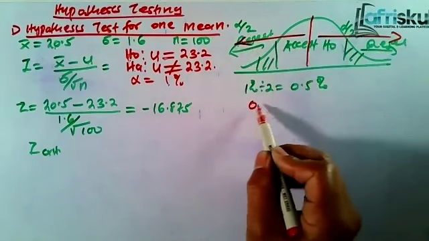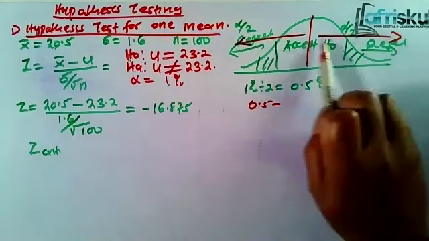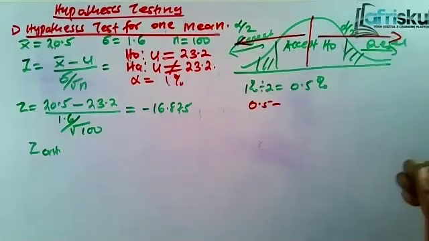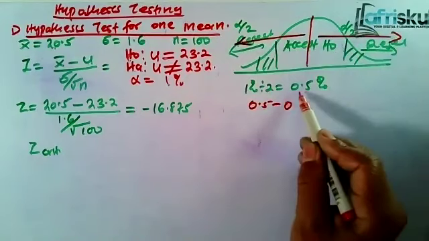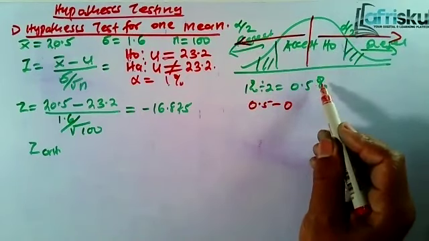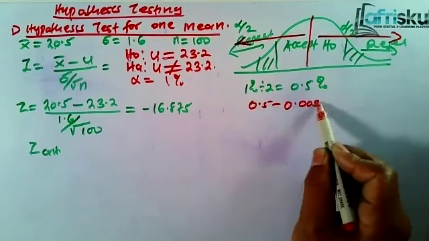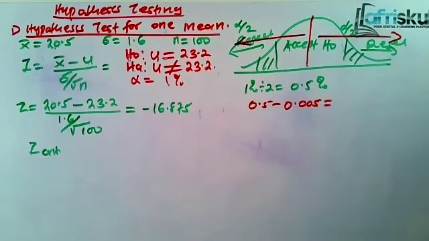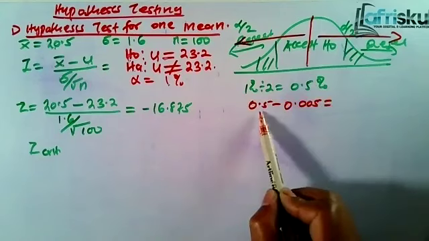So you take 0.5, which is 1/2, minus this probability. Let me repeat.